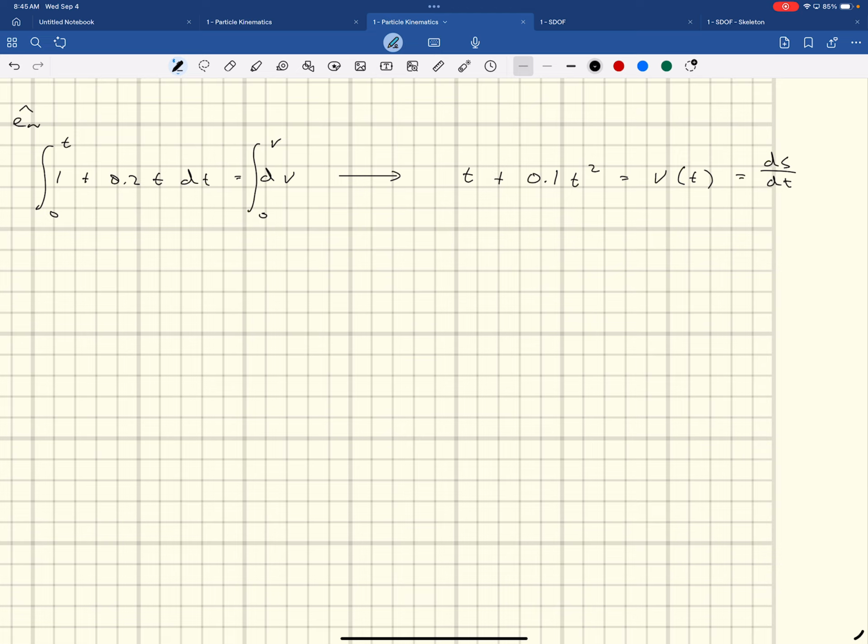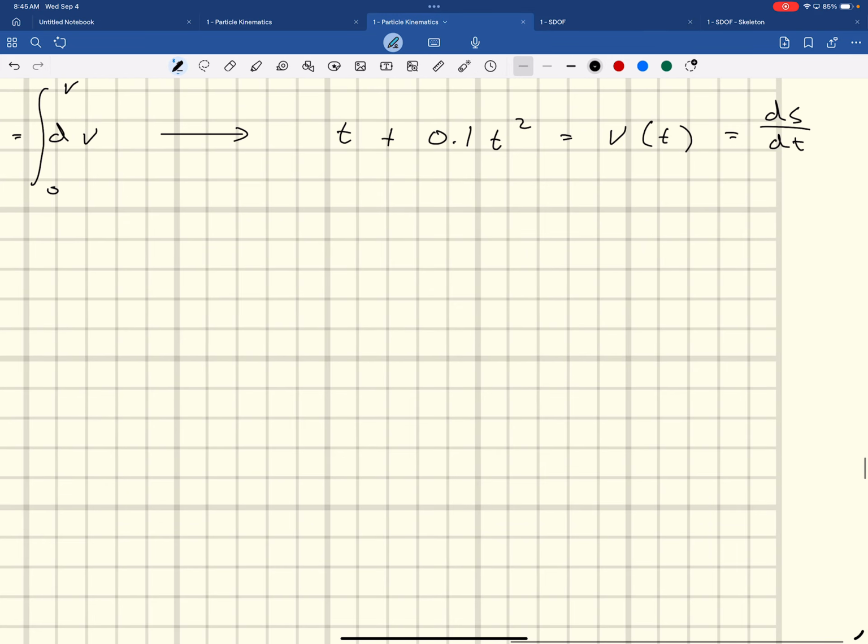Right? And so then again, I just put that dt on the other side and integrate one more time, and it'll give me s as a function of time. So the integral of t plus 0.1 t squared dt is equal to ds. Integrate this on both sides.